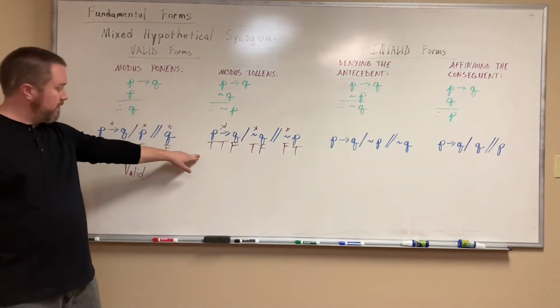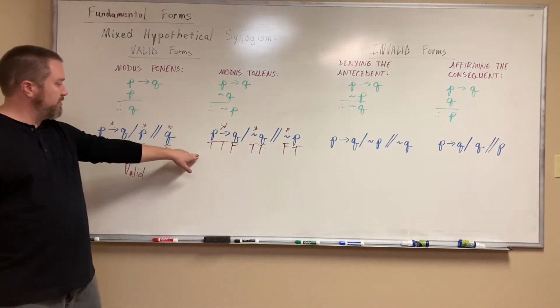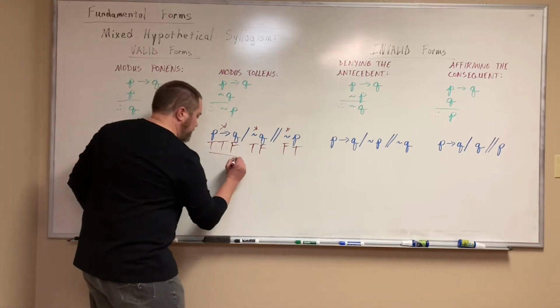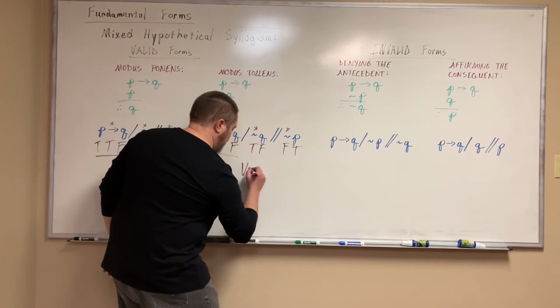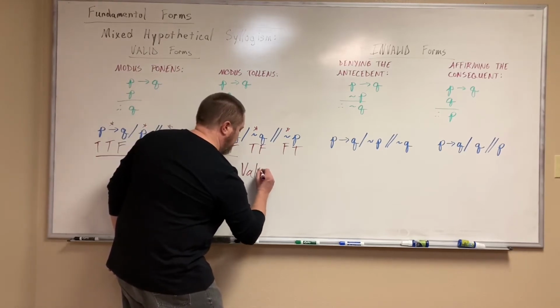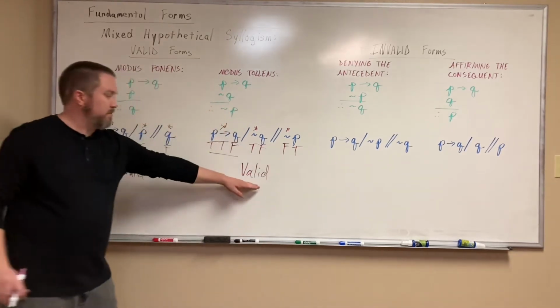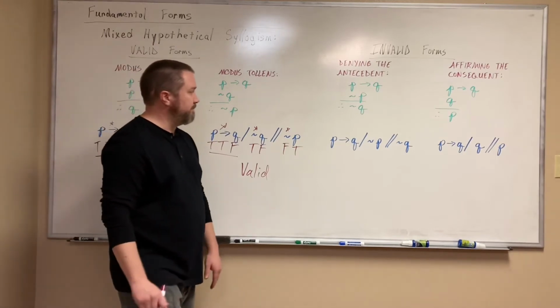That's the one condition where the conditional is false. It says that it's true. So we have a contradiction right there. So again, since we're unable to fill out the line that we're looking for, the argument's valid.